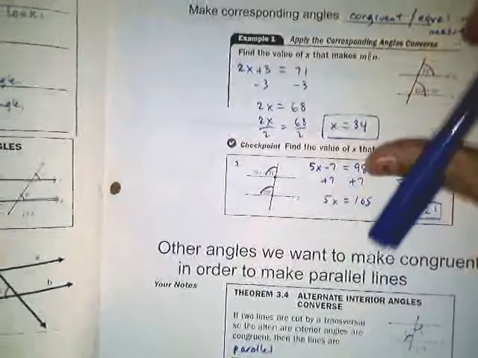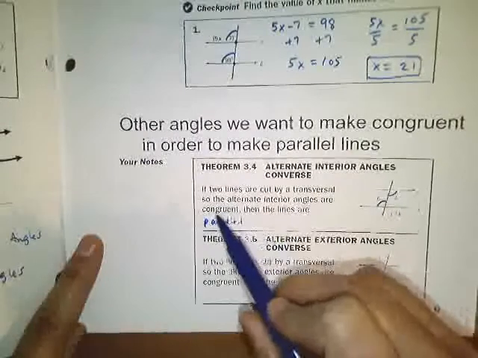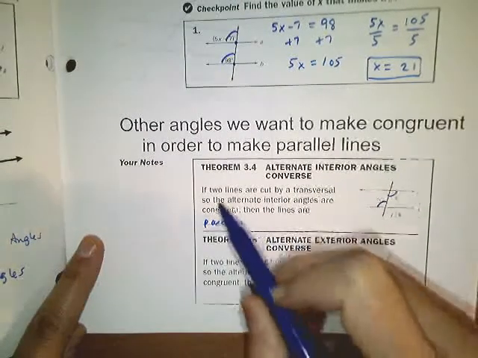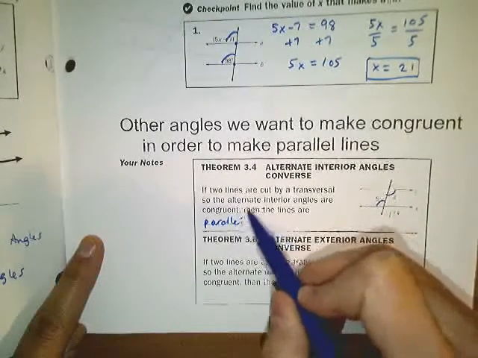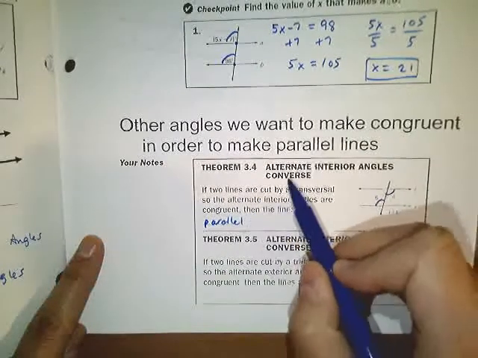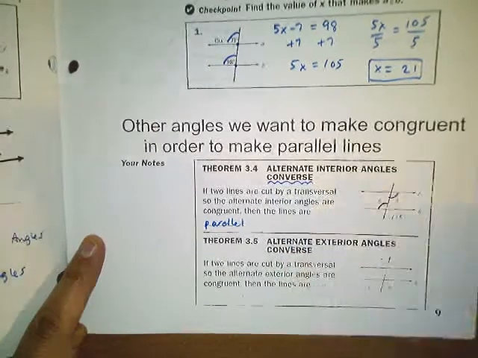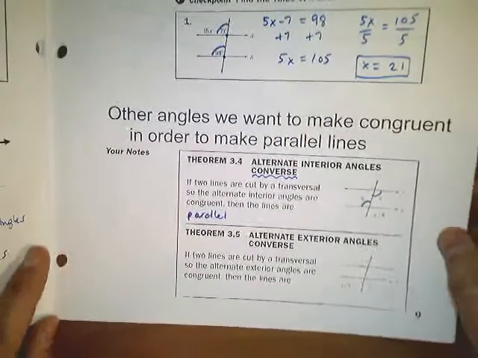Now you can see that the converse just simply states it the other way around. If two lines are cut by a transversal so that the alternate interior angles are congruent, then the lines are parallel. So it changes the if part and the then part backwards. That's a converse. It's an if-then statement stated the other way around.